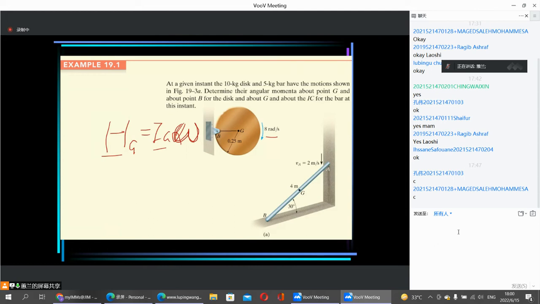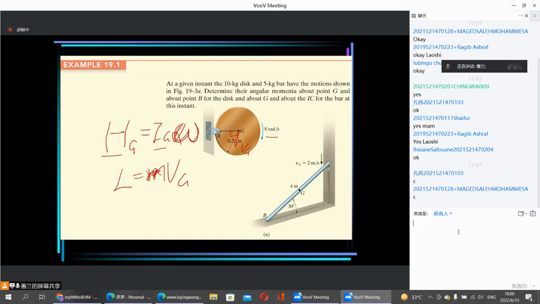But about point P, we have the linear momentum m VG, right? And how can we calculate VG? Because this is rotating, VG should be perpendicular.